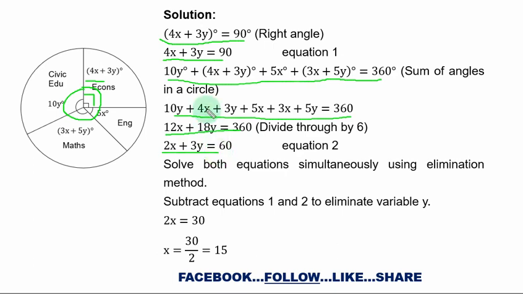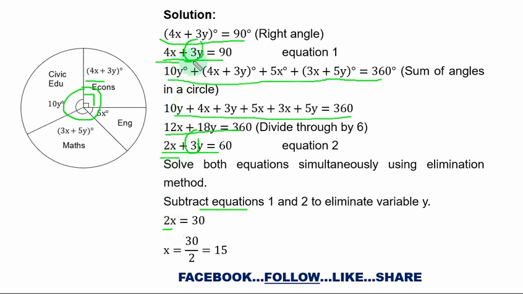Now, we can eliminate variable y because its coefficients are the same in both equations. So you need to subtract equation 2 from equation 1 in order to eliminate y. If you do that, you have 4s minus 2s equal to 2s.